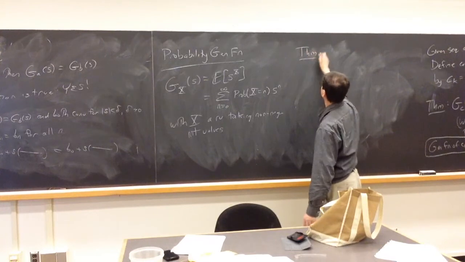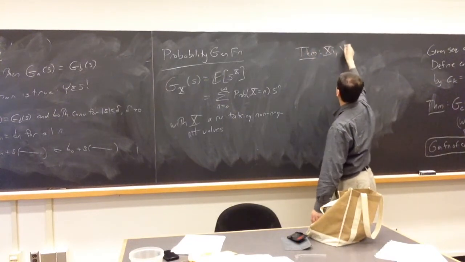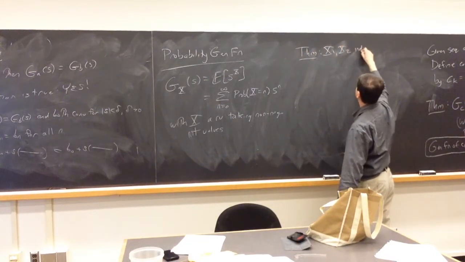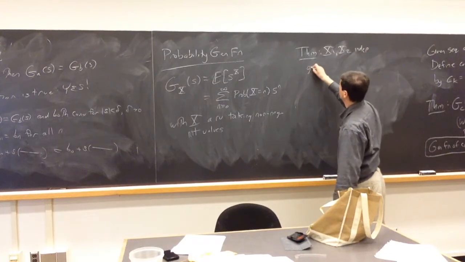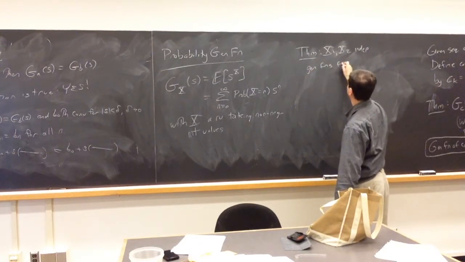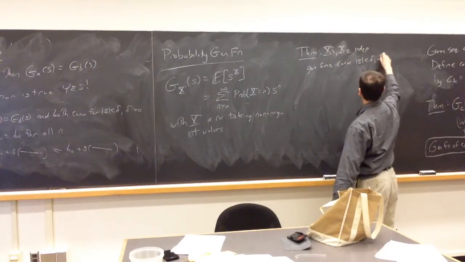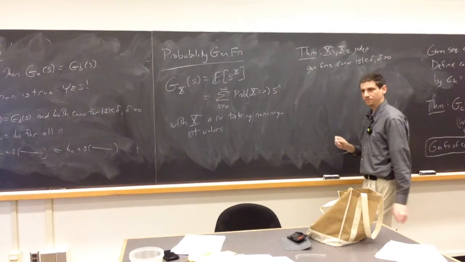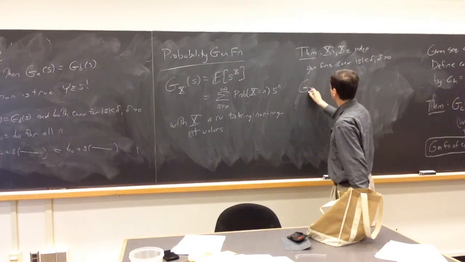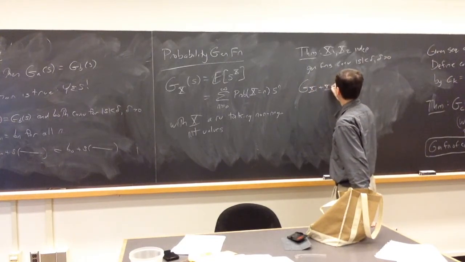So theorem, let's say x1, x2 independent, generating functions converge for the absolute value of s less than delta, delta is always greater than 0.